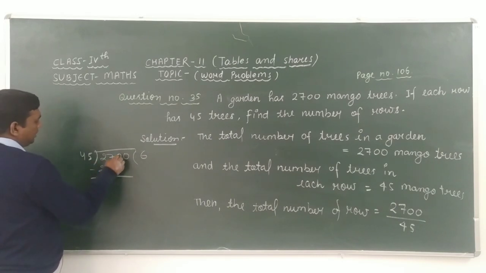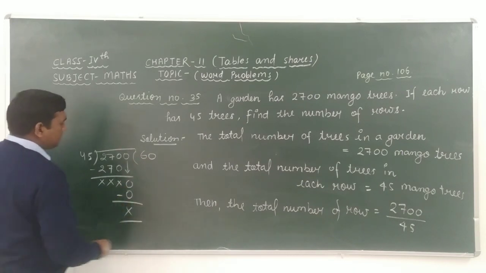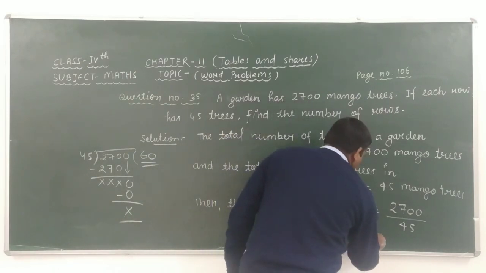After subtracting these we get 0 minus 0 is 0. 7 minus 7 is 0, it means that it cancels out. 2 minus 2 is 0, it means that it cancels out. And here we take 0 as the same. 45 0s are 0.